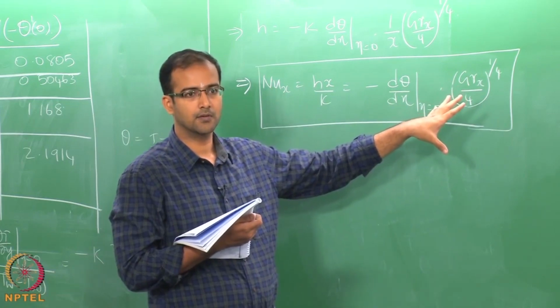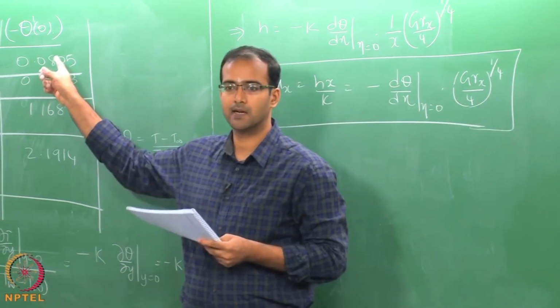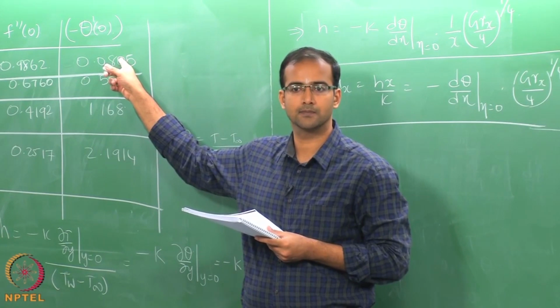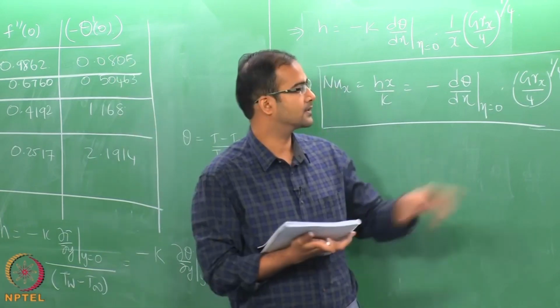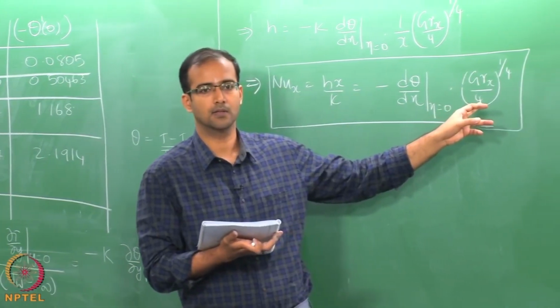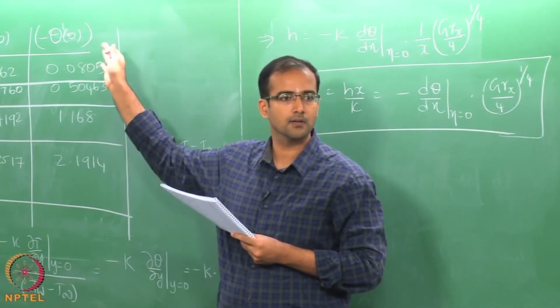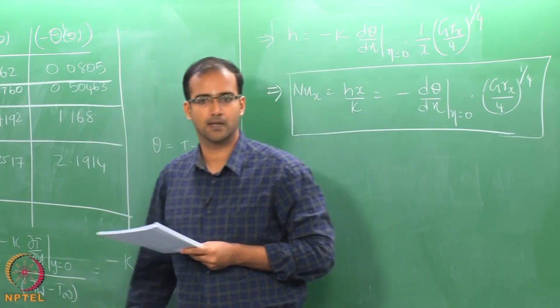Okay. So you have this factor of 4 now, because we have defined this in the similarity variable. So accordingly this will get scaled. Okay. So if you do not use the factor of 4, the value of the temperature gradient will also be different, it will be 4 to the power 1 by 4 times lower. So then therefore you do not have this factor. So now that you have put this constant, this will be 4 to the power 1 by 4 times larger than the normal case.